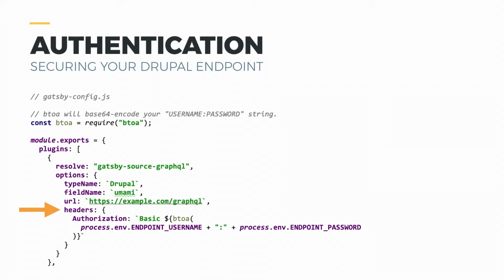So down here in our configuration for gatsby-source-graphql, we add a header section underneath the URL here. We need to send an authorization header, and the content of the authorization header is Basic, space, and then this base64 encoded string, right? So we're encoding our endpoint username, a colon, and our password.